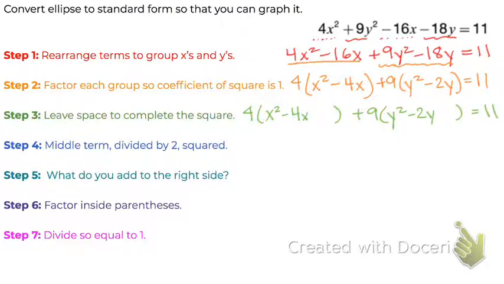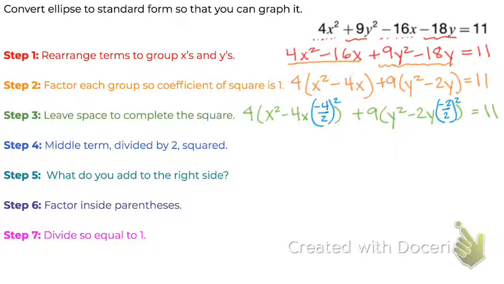Now what goes in that space? In order to figure out what goes in this space, you're going to take that middle term. So for the x's, my middle term is a negative 4. I'm going to divide it by 2, and then I'm going to square it. And so for the y's, that middle term is a negative 2. I'm going to divide it by 2, and I'm going to square it.